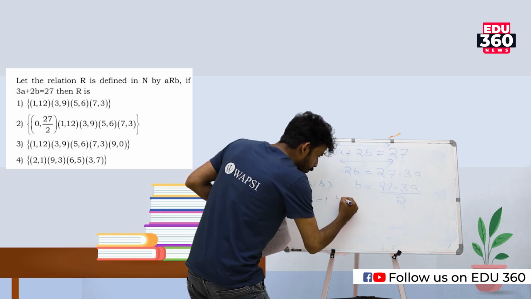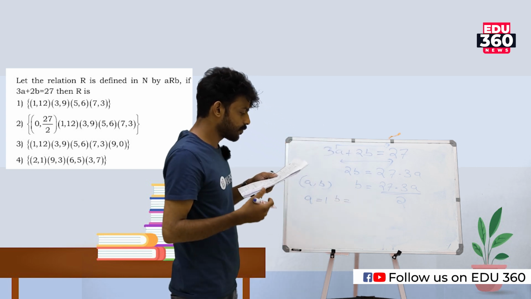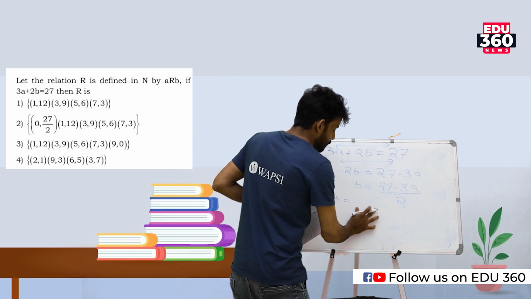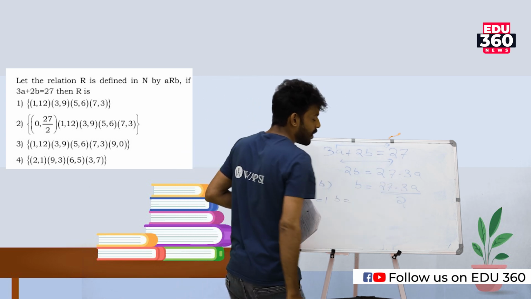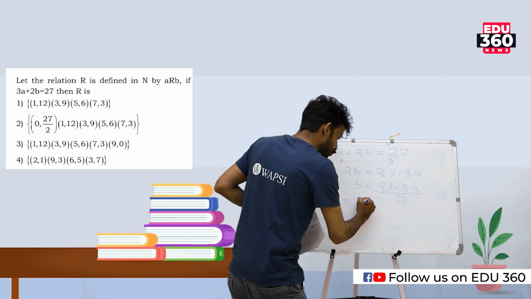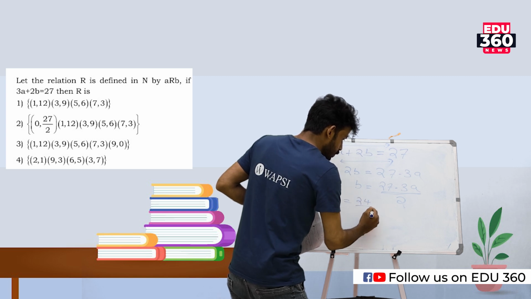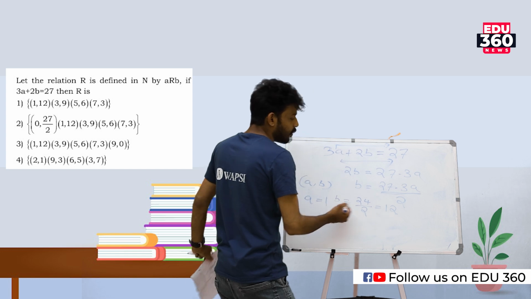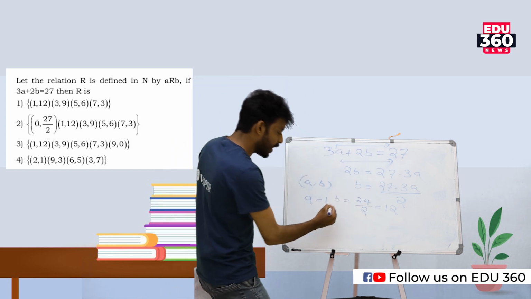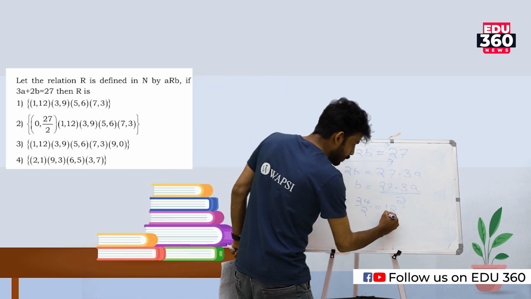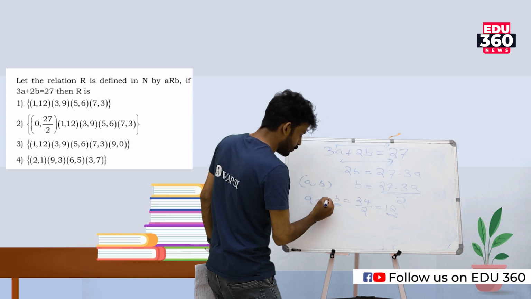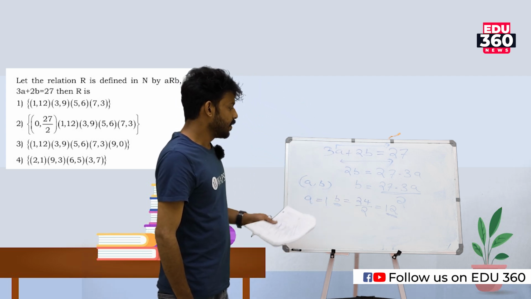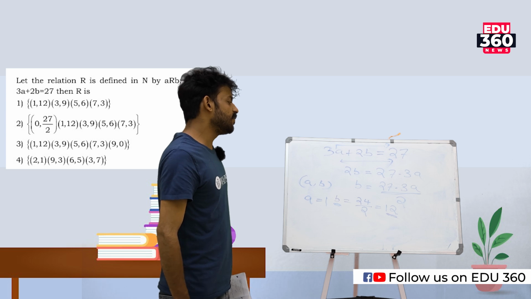Then B is equal to (27 minus 3) by 2, that is 24 by 2, which is equal to 12. So if A is equal to 1, B is equal to 12.